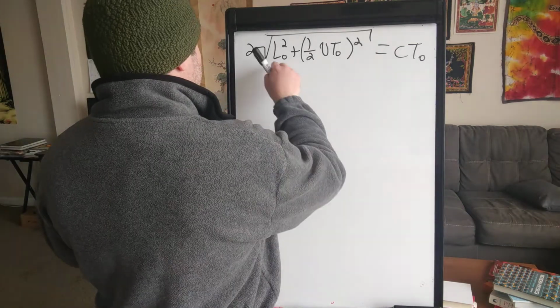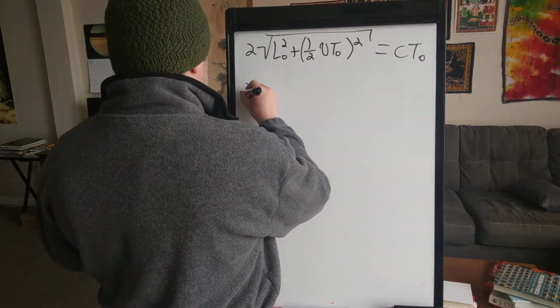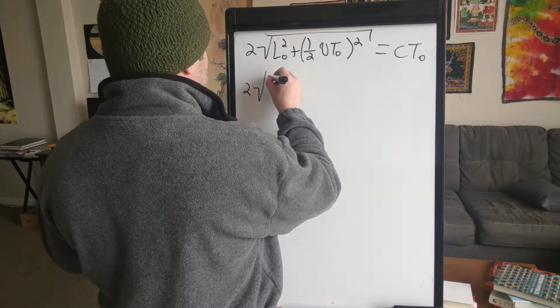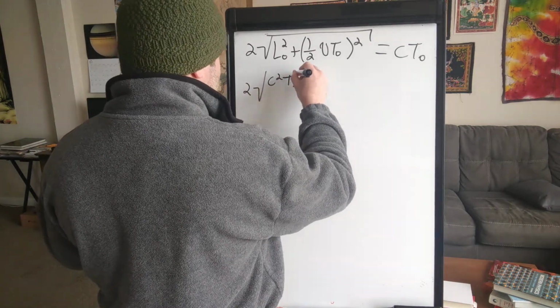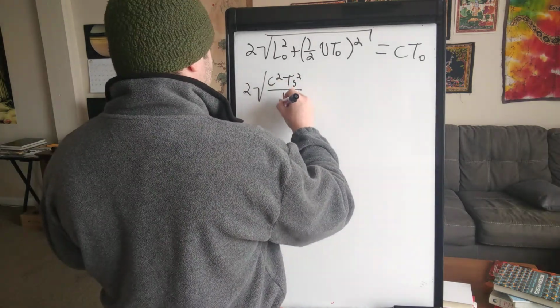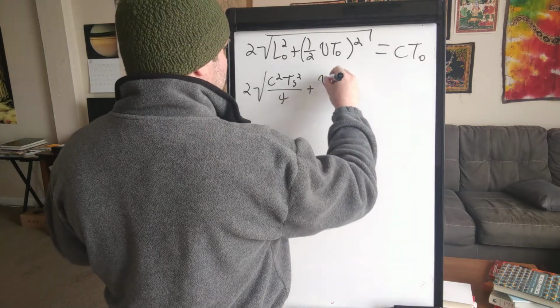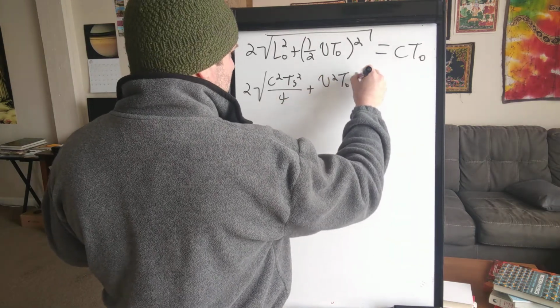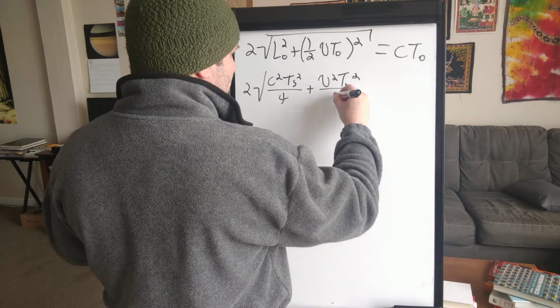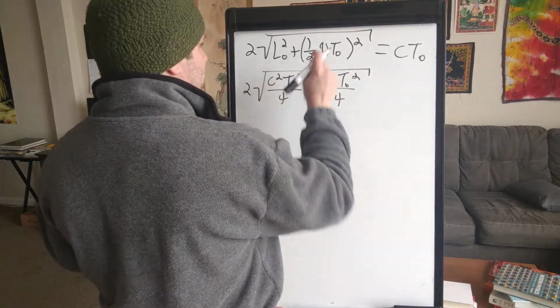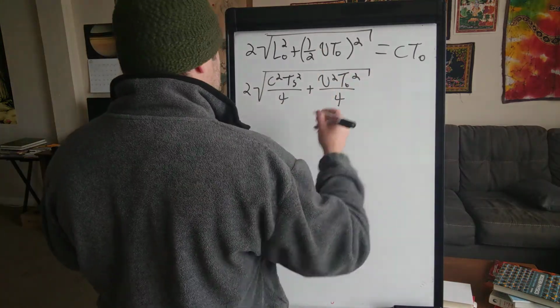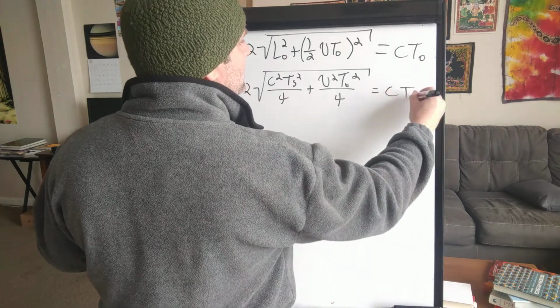And then we sub in that L naught that we had on the previous board. So we've got 2 square root c squared ts squared over 4 plus v squared t naught squared over 4, where we're squaring this, equal c t naught.